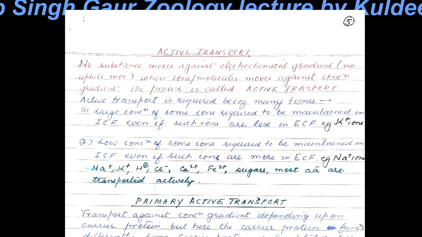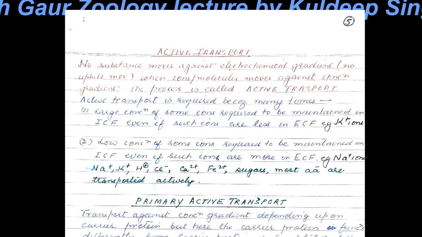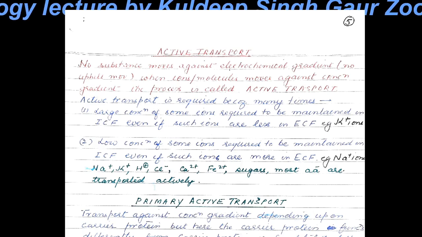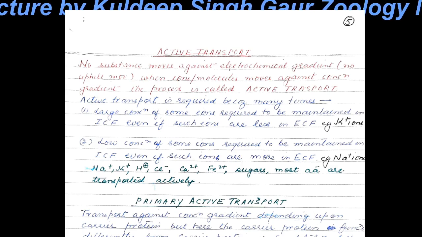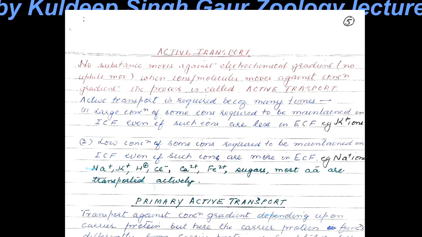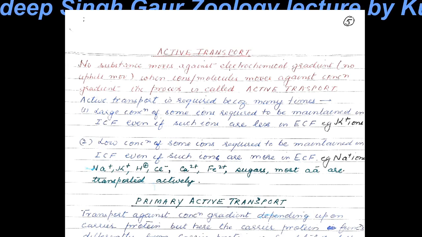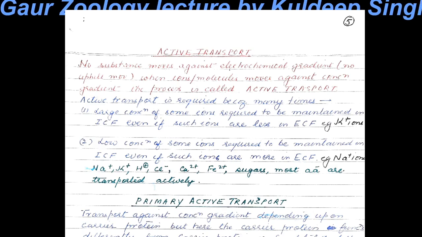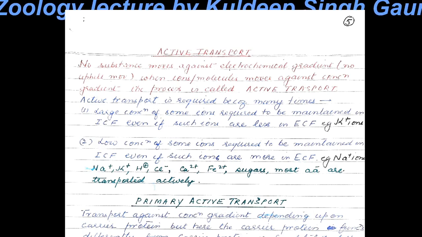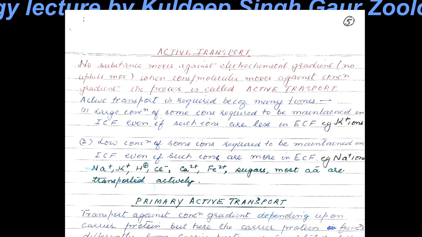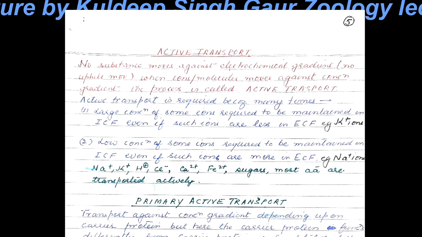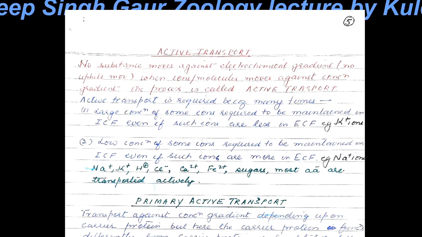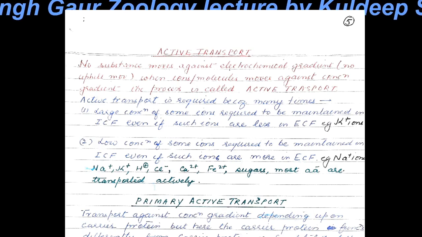In active transport, as I had mentioned, the sodium potassium pump is involved, and the difference between the permease of facilitated diffusion and this active transport is that the protein involved in active transport has ATPase activity also.